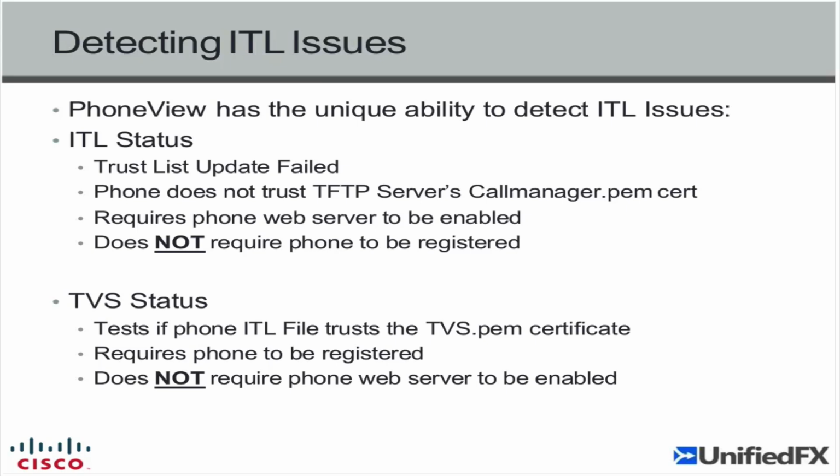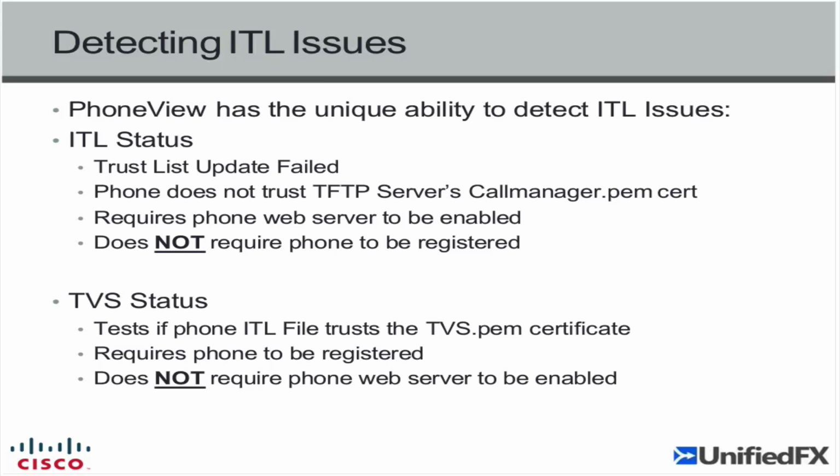Certain Communication Manager changes can trigger new ITL files to be issued for the phones to use. But if anything goes wrong with that synchronization, and there are lots of reasons why that can happen on occasion, you may have a number of devices, it might even be a very small number, 1% or less, whose ITL file is out of sync. So it becomes important to understand if you do have any files out of sync.